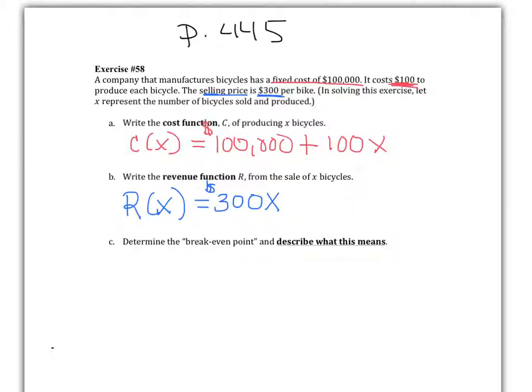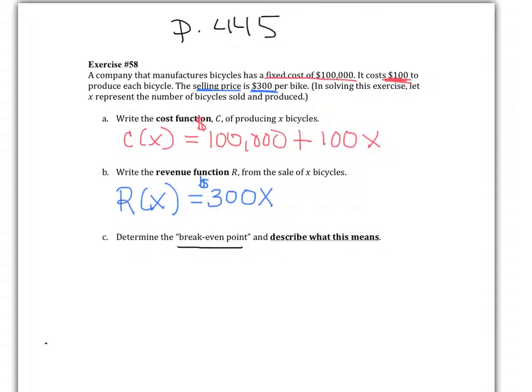And then finally part C. Here we want to determine the break-even point, and after we find it, we're going to describe what it actually means. Now, the break-even point geometrically is just the intersection of this line and this line, and it's going to be our x comma y.